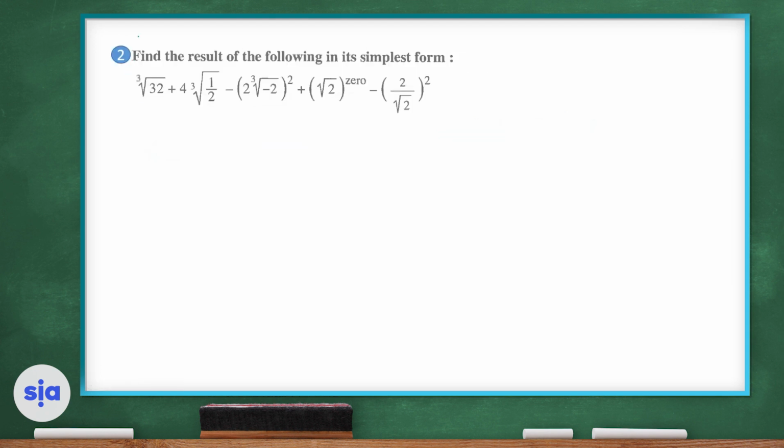Question 2. Find the result of the following in the simplest form. Let's now go and simplify each of these cubic roots.